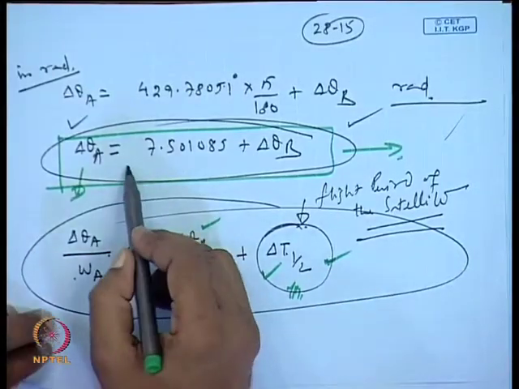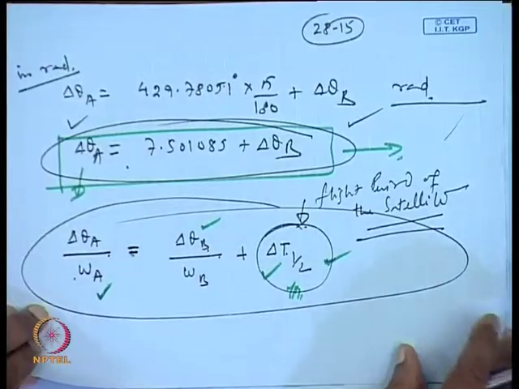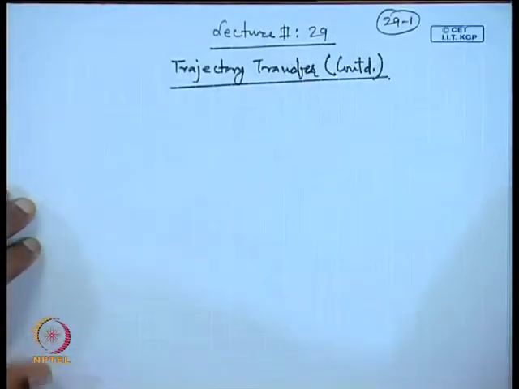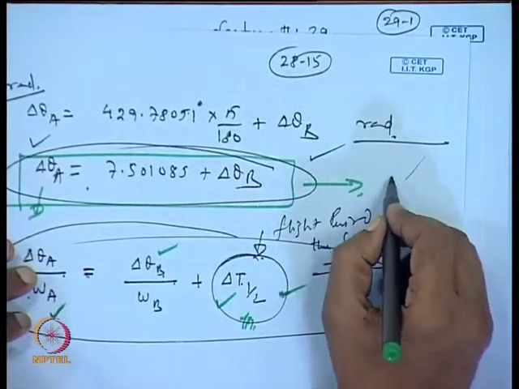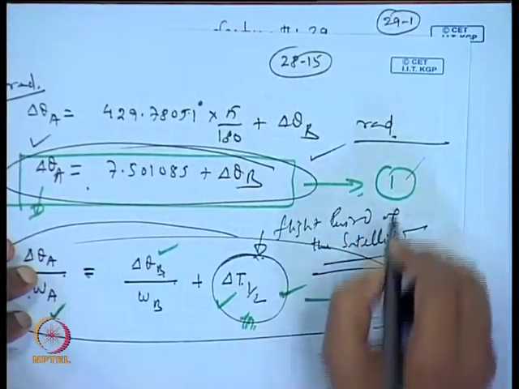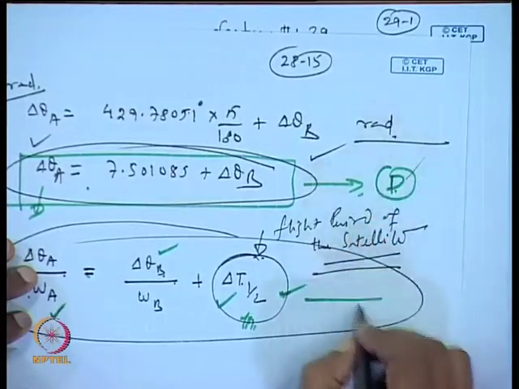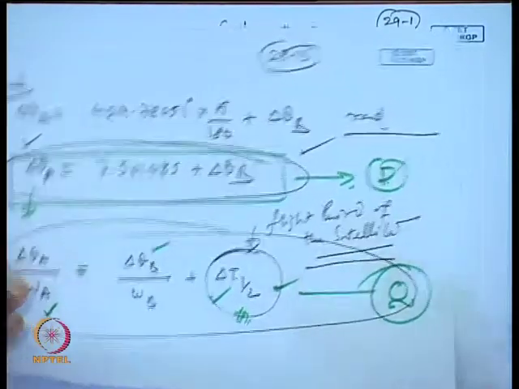Okay. Now, we can insert this equation here in this place to work out delta theta b. So, we can name this equation as p and this equation as q.